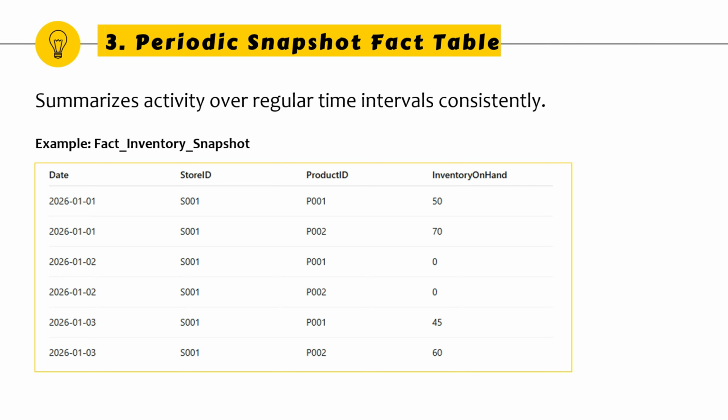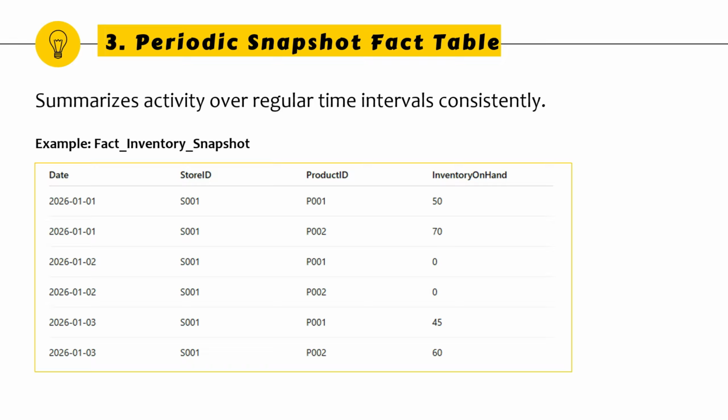At first glance, aggregate fact tables and periodic snapshot fact tables might look similar, but they serve different purposes and are designed slightly differently. For example, aggregate fact tables are mostly created to improve the performance of queries over transaction fact tables. Periodic snapshot fact tables, on the other hand, are built to provide consistent time series reporting.